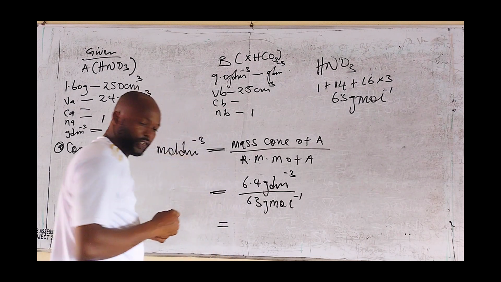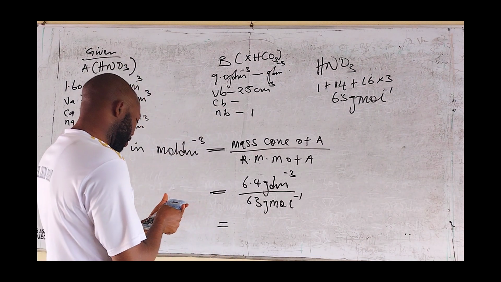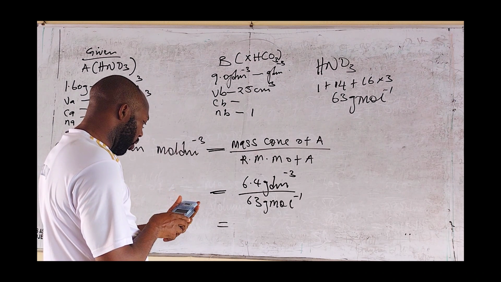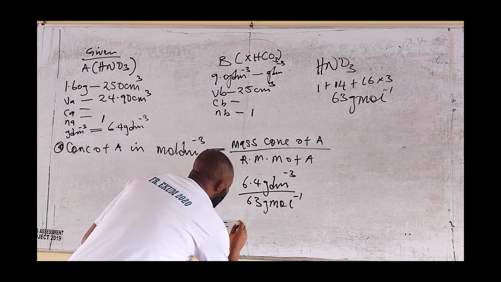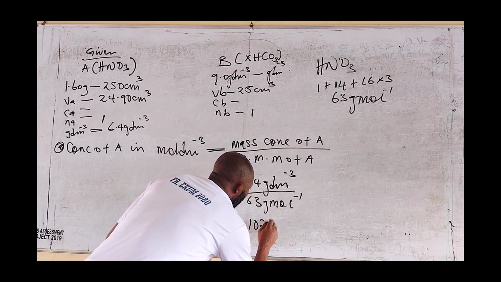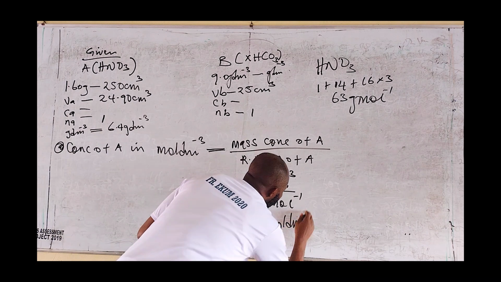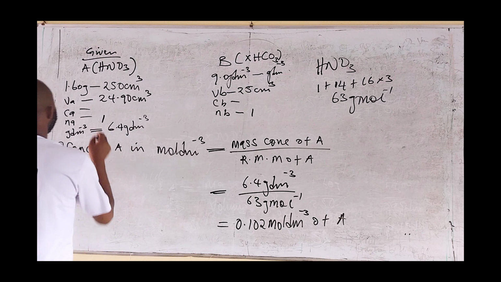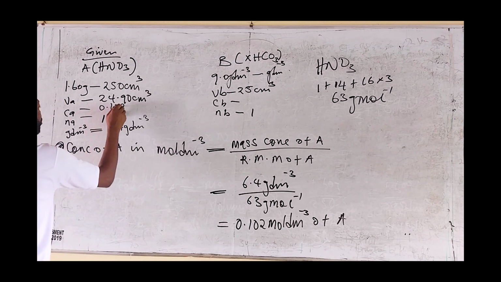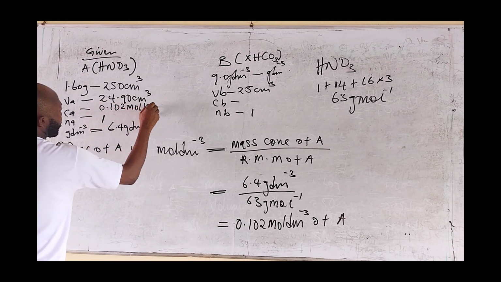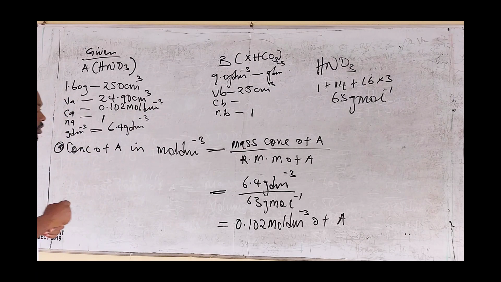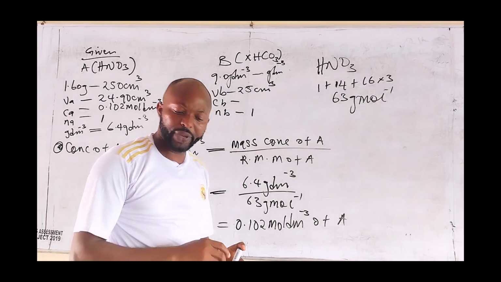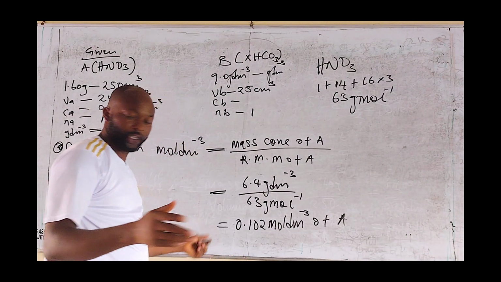So I have the molar concentration to be 6.4 divided by 63, which is equal to 0.102 mole per dm³. So the molar concentration of the acid is 0.102 mole per dm³. So that's our A. The B says concentration of the base in mole per dm³. So now let's go to the B.